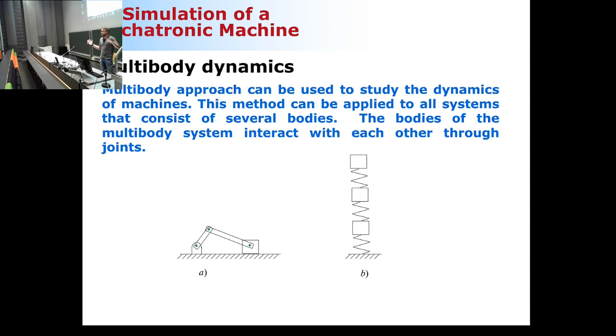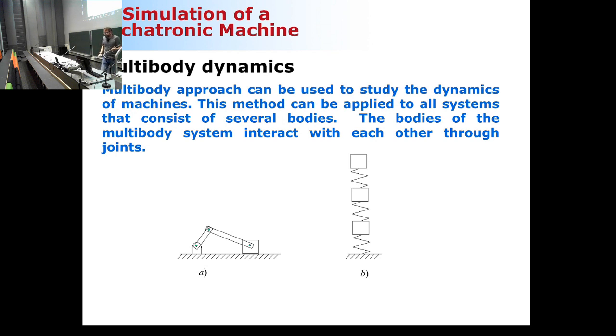So what we're going to do is create the equation of motion that describes this large rotation and the connection of the different bodies. And we're going to introduce those equations of motion to a computer and ask the computer to solve them for us. Makes sense? Remember, large rotation is a big difference between what you've dealt with in the past and what you're going to deal with in this class.